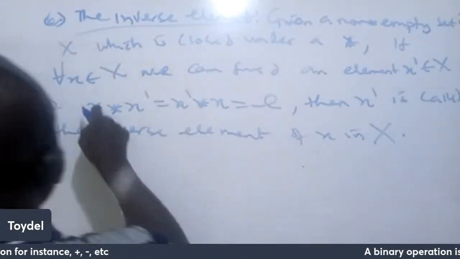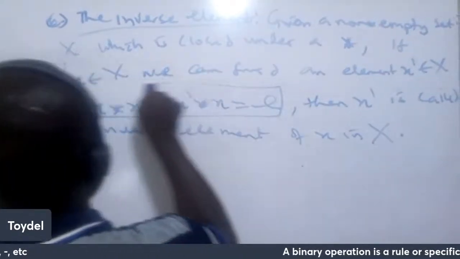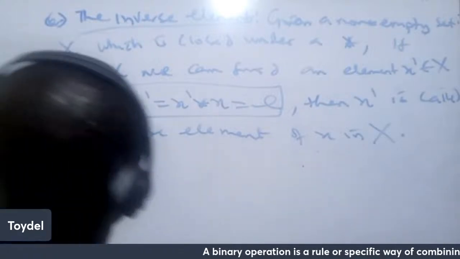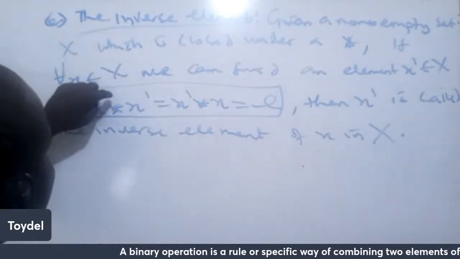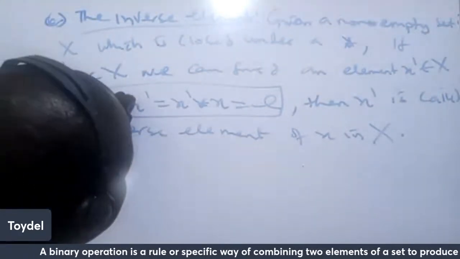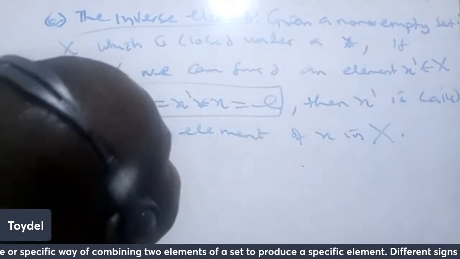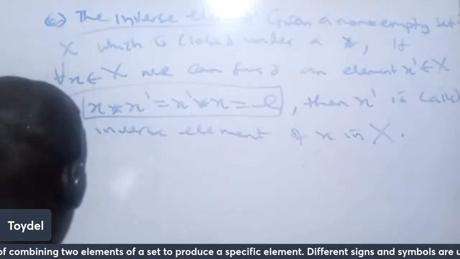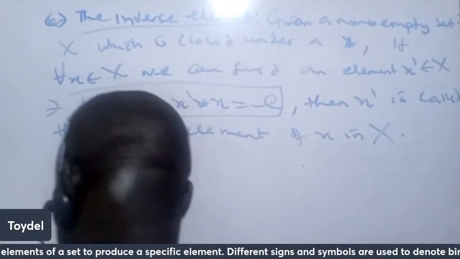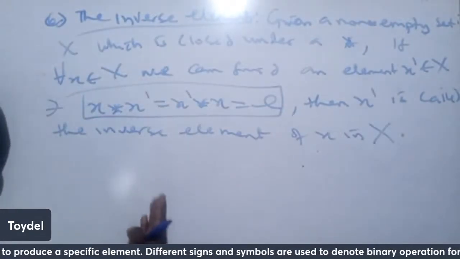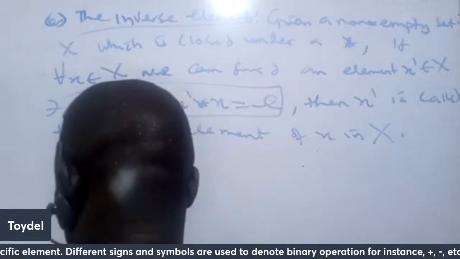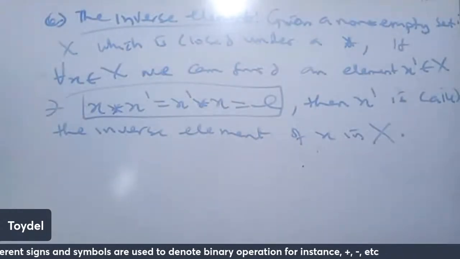So if this holds, that is, if you have an element x and we operate that element with an inverse of that element x, and we are able to get the identity, then that simply means that S prime is called the inverse element. And we should also know that if this inverse element exists, then it must be unique, just like in the case of the identity element.